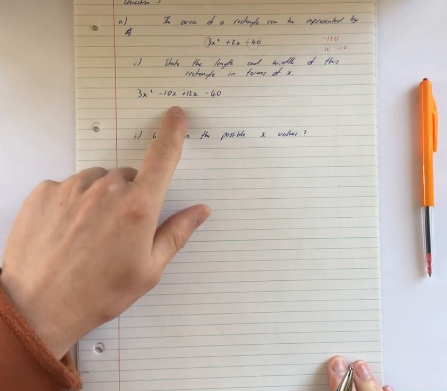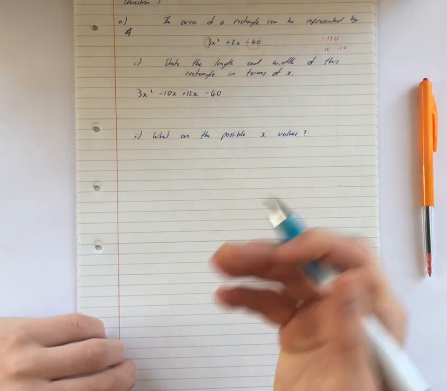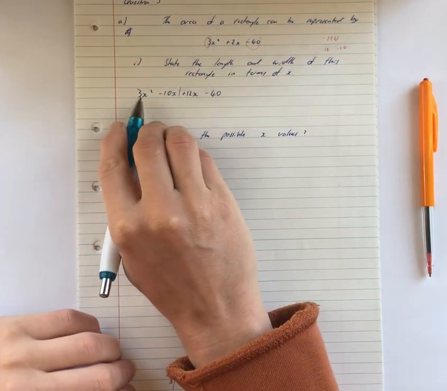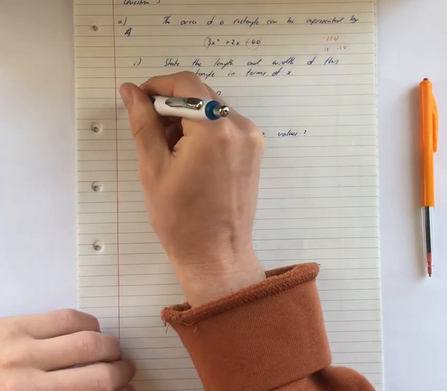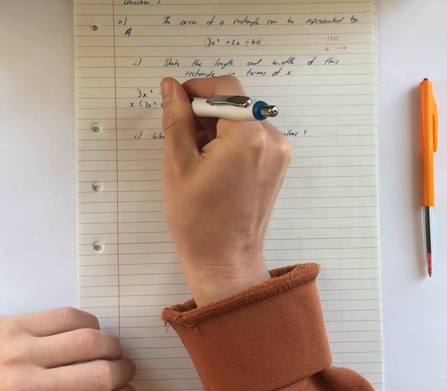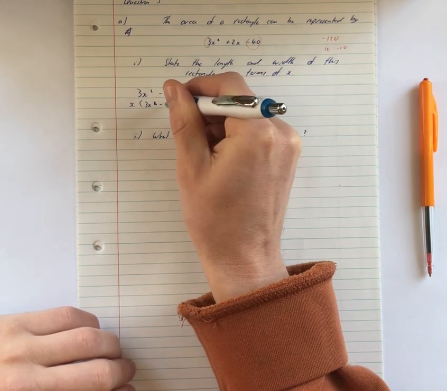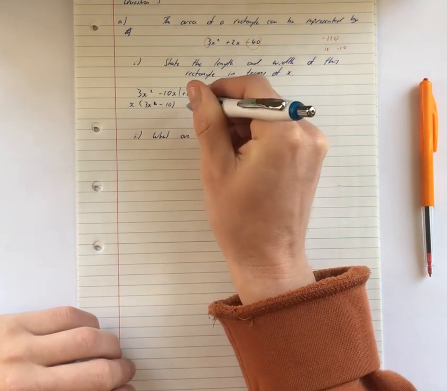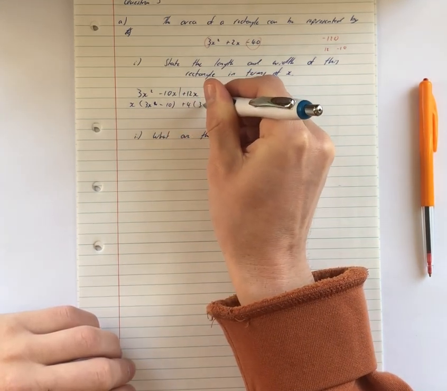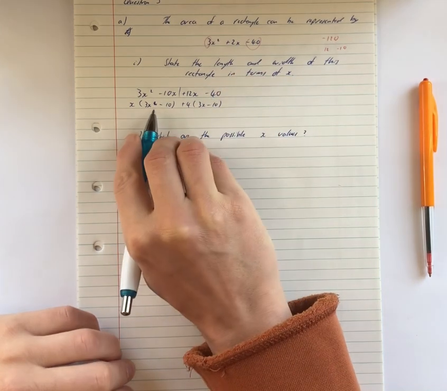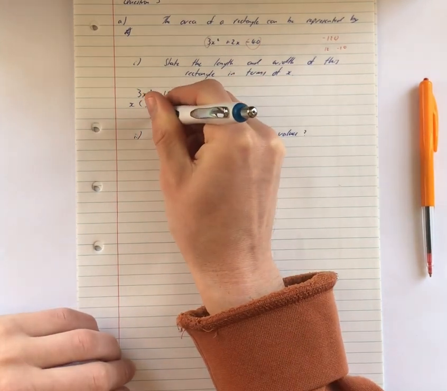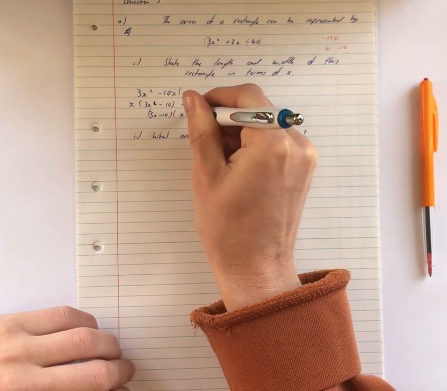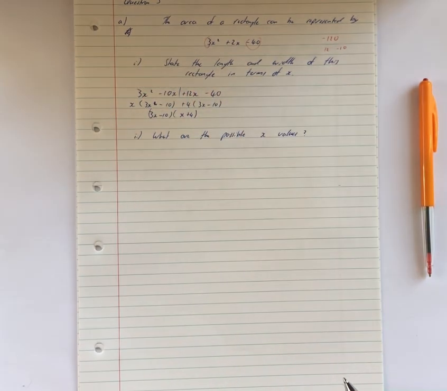Probably written this around the harder way, but it'd be good for you to see that. So this first half I can only take an x out. I've taken x out, so there's no squared. And I can take 4 out. 3x minus 10 is a factor for both, and x plus 4 is a factor.